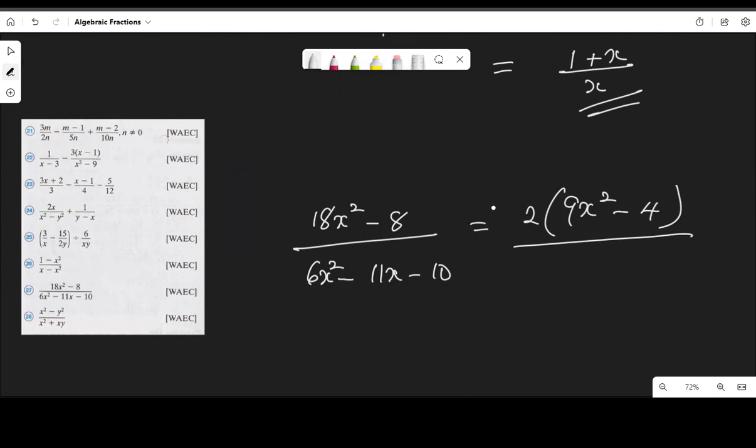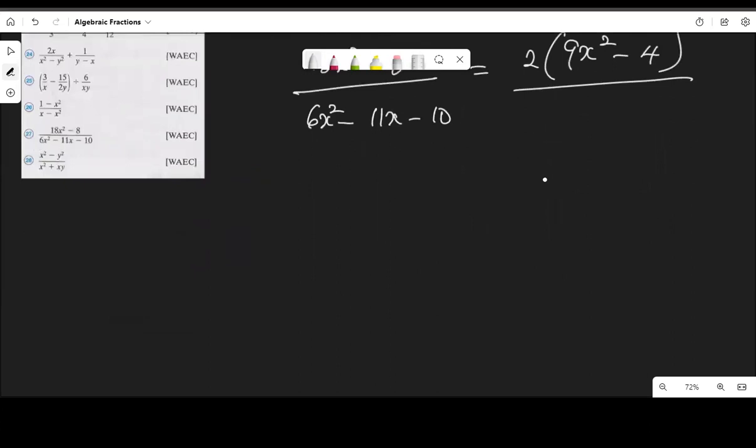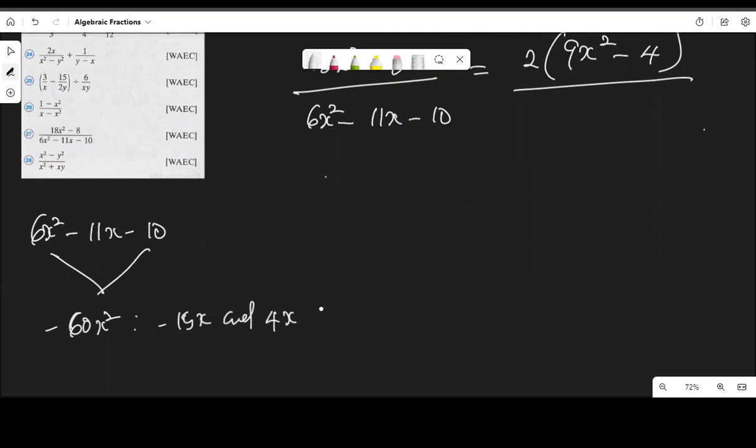To factorize that, let me do it separately here. 6s squared minus 11s minus 10. You multiply 6s squared by this 10 to give negative 60s squared. And 2 factors of negative 60s squared that can add up to negative 11s are negative 15s and 4s.